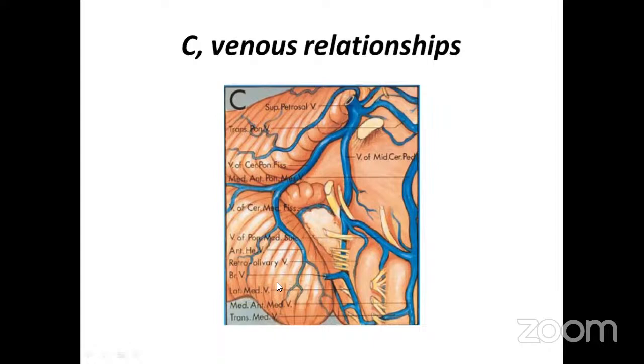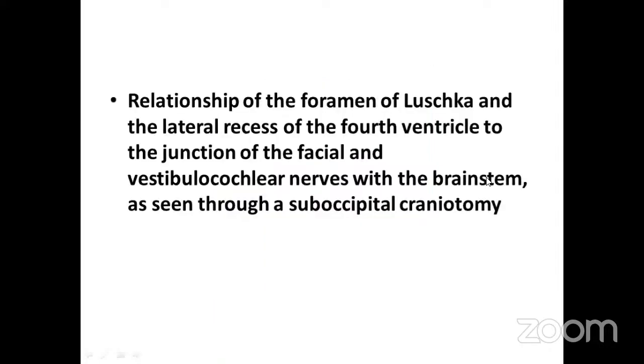Inferiorly, there are multiple veins relating to the surfaces of the cerebellum. The major ones are the retroolivary vein and the vein of the pontomedullary sulcus. These two veins combine to form the vein of the middle cerebellar peduncle that ultimately drains into the superior petrosal vein.